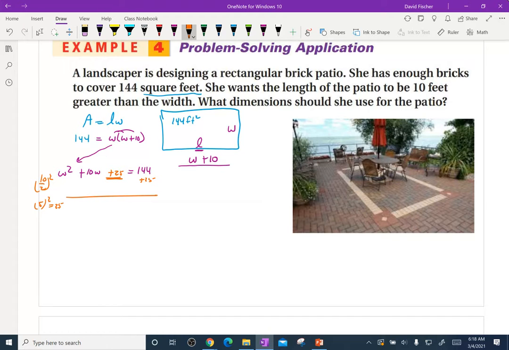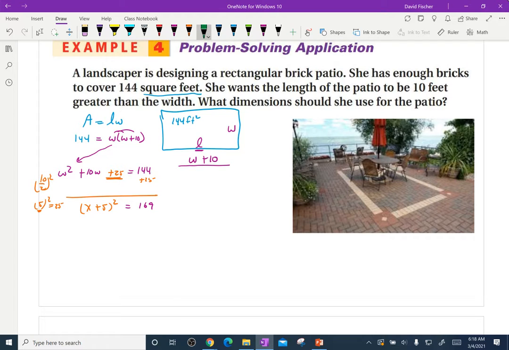Now I know this trinomial is going to be this perfect square called W plus 5 squared. That's why I like that number to be there. I don't have to think about what the number is going to be. Now we need 144 plus 25 equals 169.